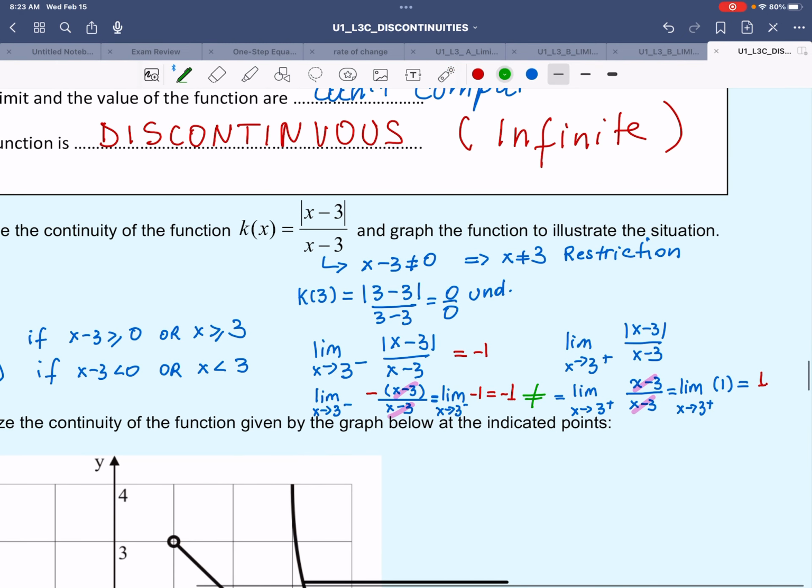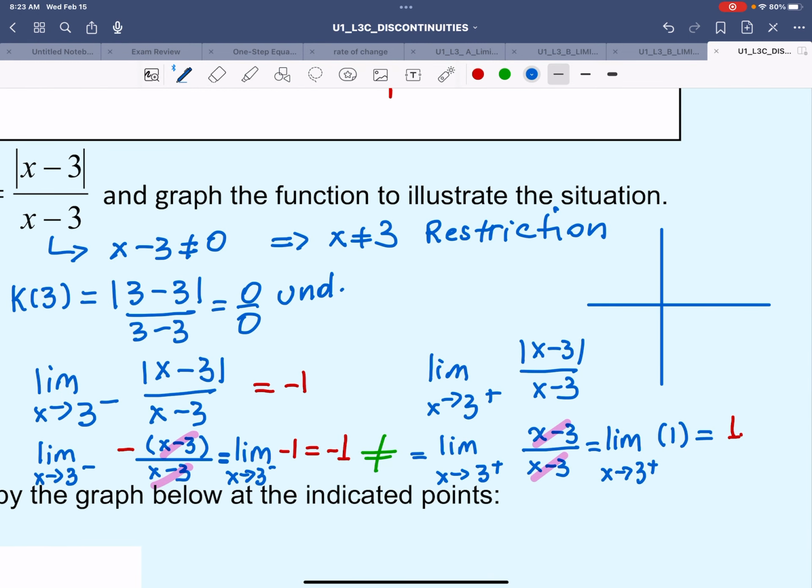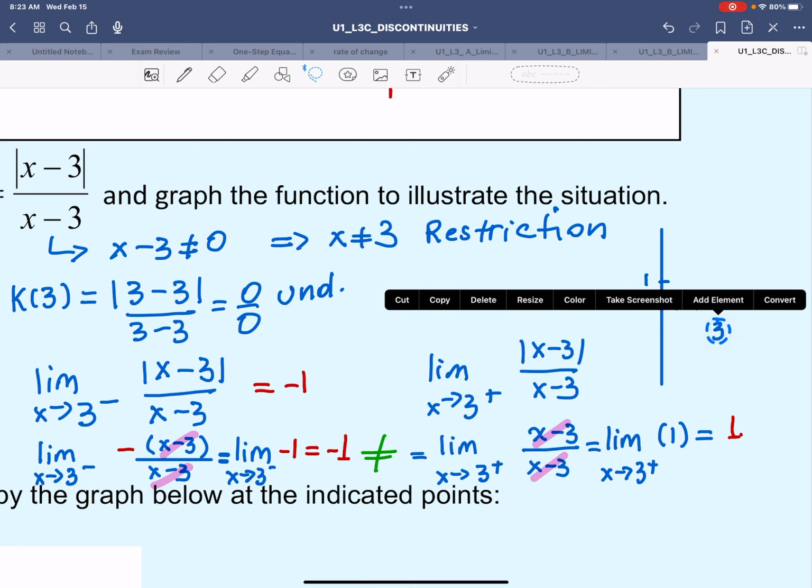Now, if you were to draw the graph of this function, which we will do right here, I think we have enough space. We're going to say that the value of the function at x equals 3 doesn't exist, so the function is undefined. But when we approach 3 from the left-hand side, the value of the function becomes -1 and is constant, no matter what the value of x is.